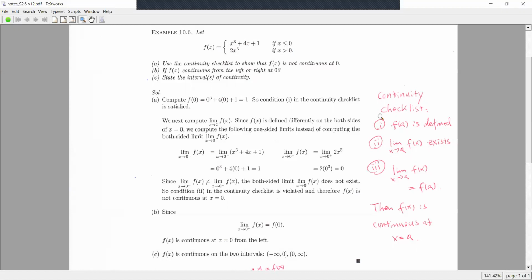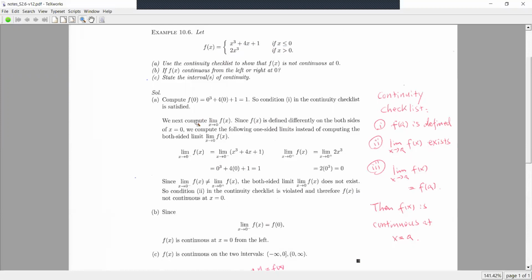Therefore, condition 1 in the checklist is satisfied. Now, I check the second condition, whether or not the both-side limit at 0 exists. Because the function is defined on the left by this polynomial, on the right by this polynomial, on both sides of the point 0 the function is defined differently.